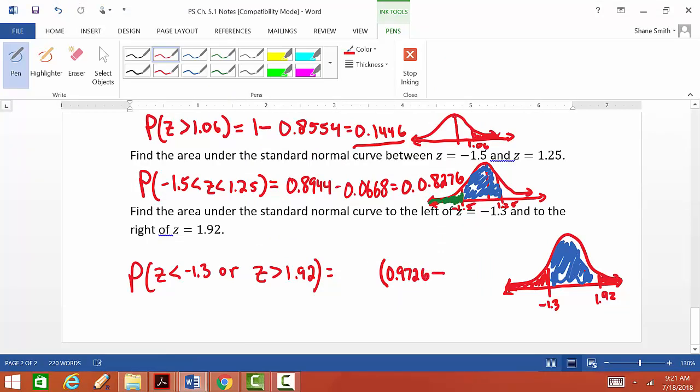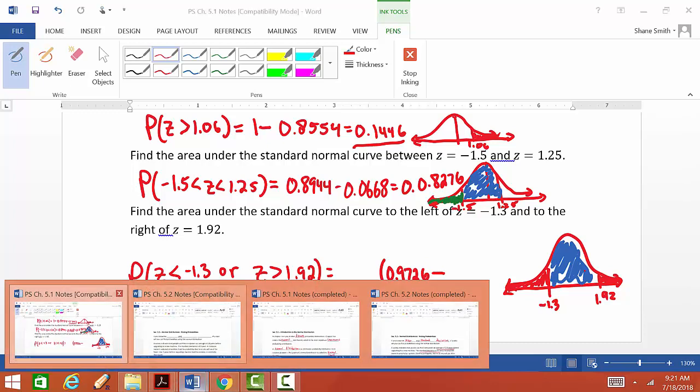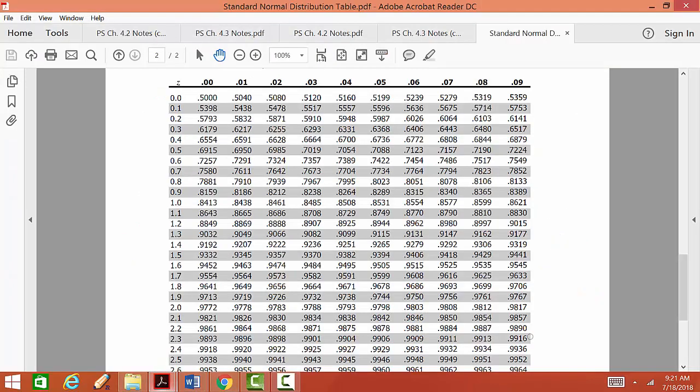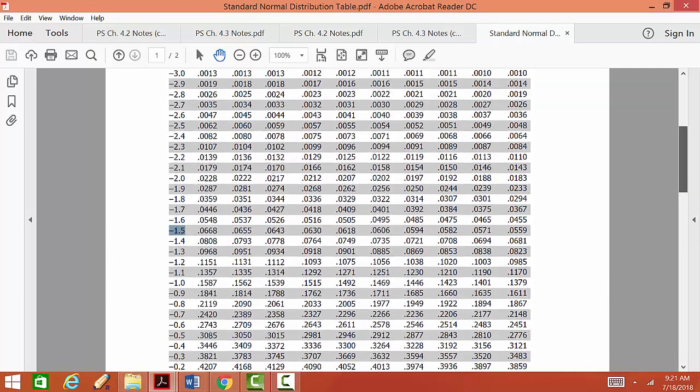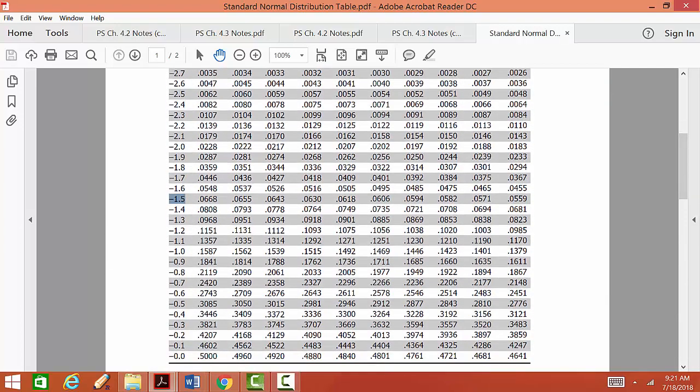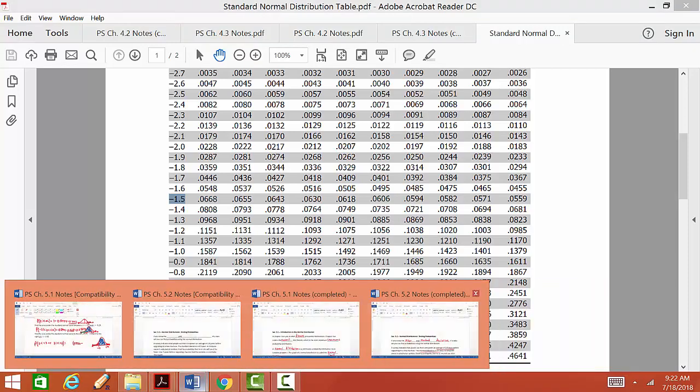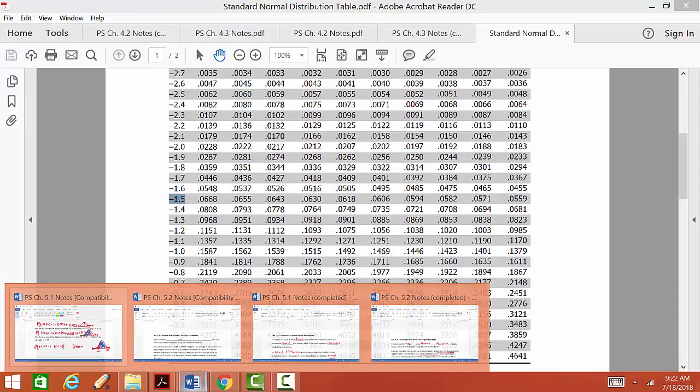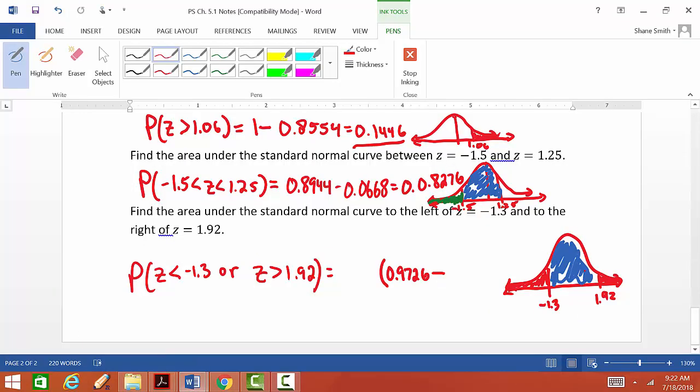So now I'm going to subtract the area to the left of negative 1.3. Look up negative 1.3. 0.0968. Yeah, 0.0968. If I can find my notes here. 0.0968, and then I'm going to subtract that from 1.